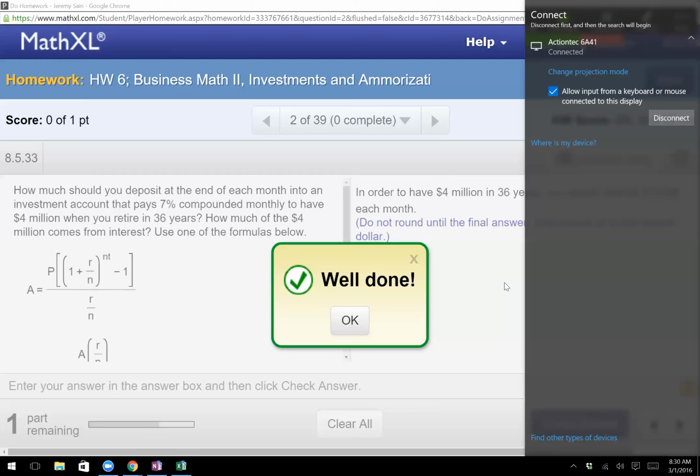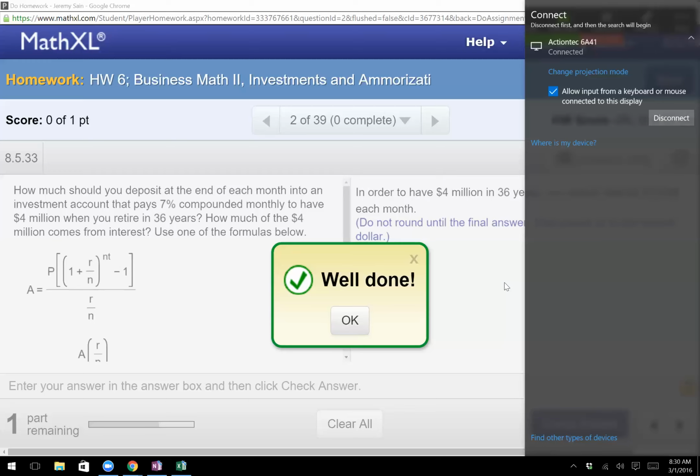So we got 3 million some odd dollars in interest. That's pretty awesome, ain't it? Of course, again, you're going to be hard pressed to find 7% nowadays, but it just kind of goes to show you over the course of 36 years what can happen with compound interest.